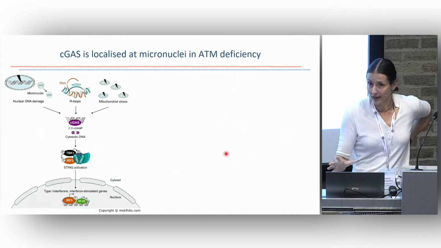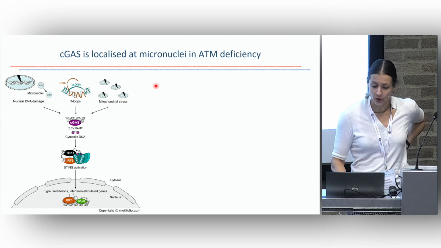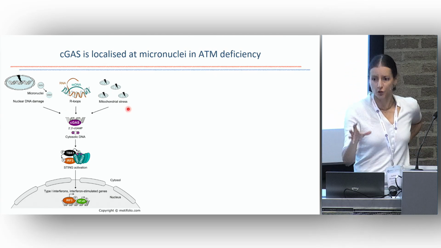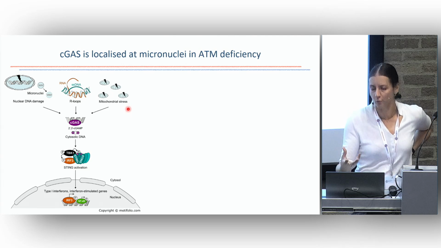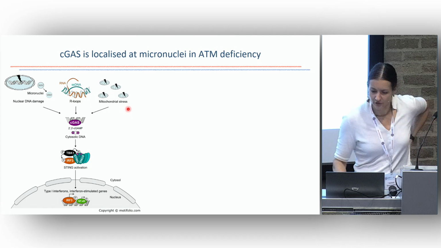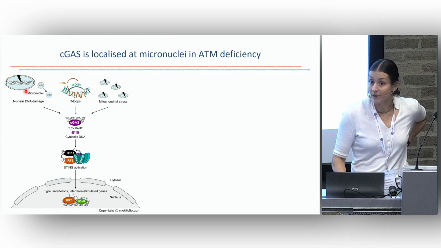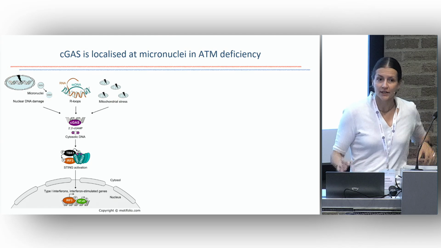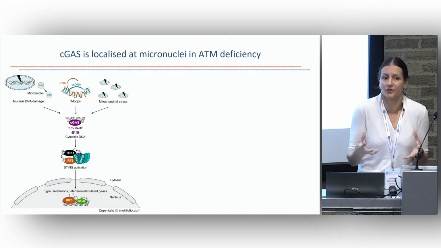The pathway has been very nicely introduced, but what I wanted to remind you is what could be the sources of cytosolic DNA formation in general in genome instability and specifically in ATM deficiency. Andrea already mentioned micronuclei. Micronuclei are formed during cell division in the presence of DNA damage.